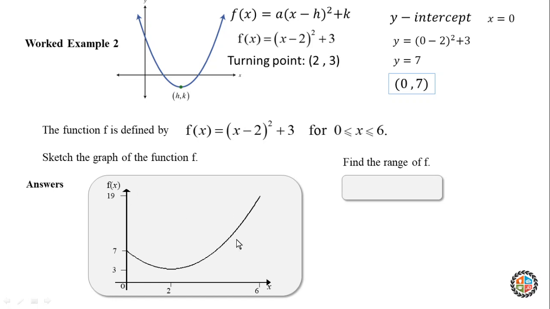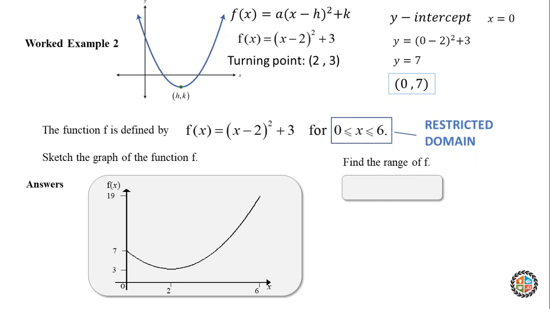You notice that if x is 6, y is 19. At the y-intercept, x is equal to 0, thus 7 is the value. And then we have the turning point over here, which is (2, 3). Then you will have the graph. It is supposed to continue over there, but remember, there is a restricted domain.